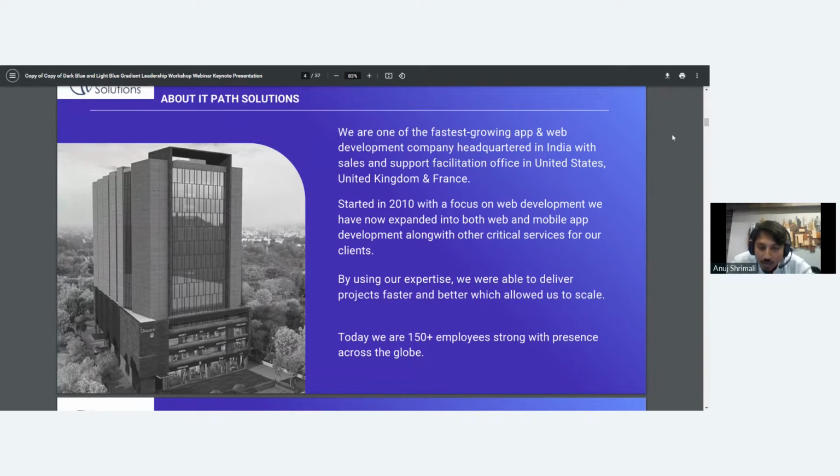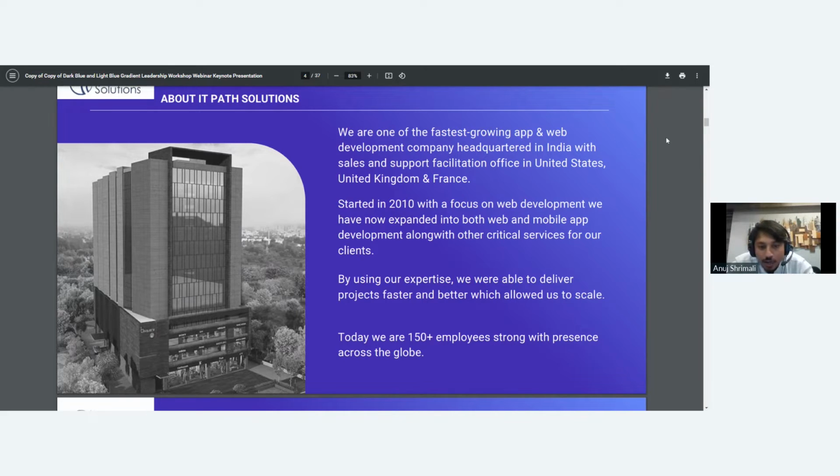But over the years, gradually we have expanded ourselves into mobile applications and website applications, and along with that, we are staying ahead of the curve with emerging technologies as well, which include AR, VR and IoT development. We have catered to many industries like real estate, healthcare, sports and education.